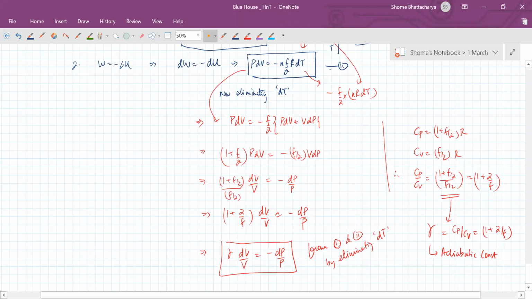Now when we integrate this, we will get the standard equation of adiabatic curve, which you might have seen in chemistry, that it is this thing, we call it PV to the power gamma is constant.